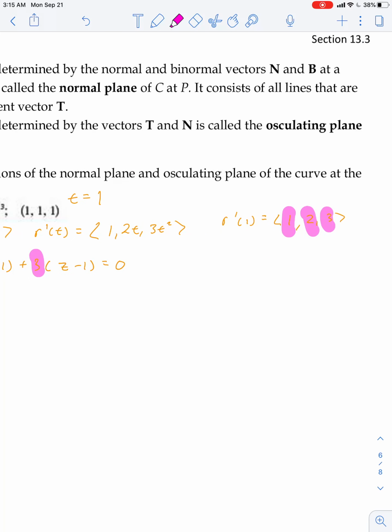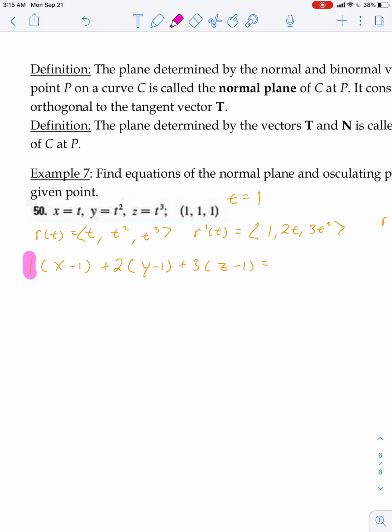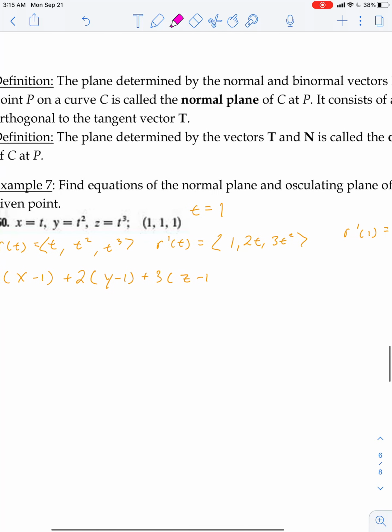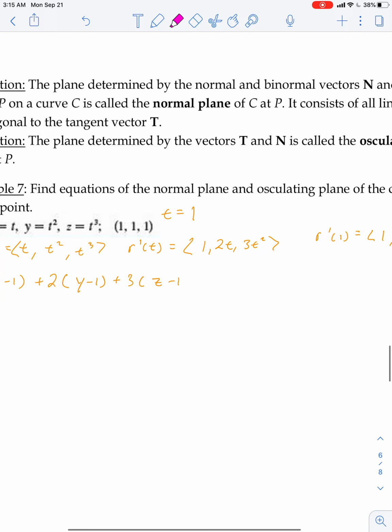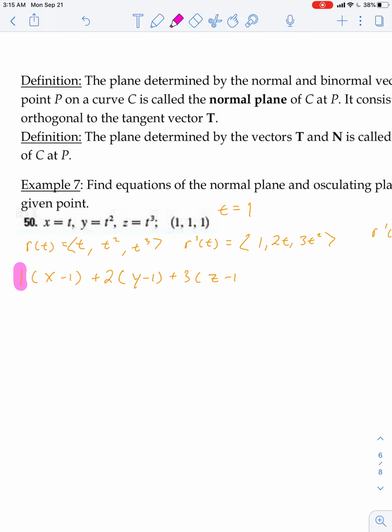Just to show you, the 1, 2, and 3 came from the tangent vector, and the x minus 1, y minus 1, and z minus 1 came from my point 1, 1, 1.